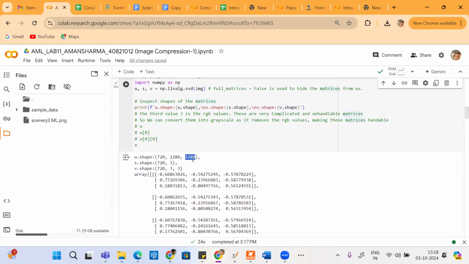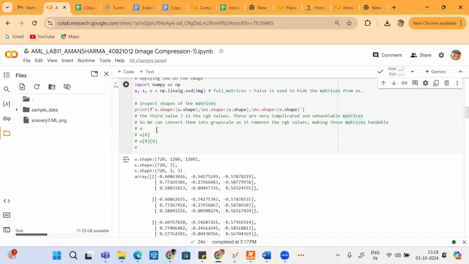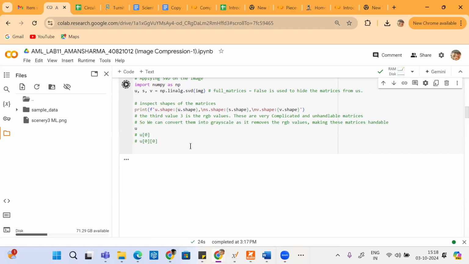Initially the third value is 3, but now it's showing 1280. I don't know why. The first represents the number of rows, the second represents the number of columns, and the third one represents 3, actually the 3 RGB values. We have a range of RGB values. If I show you the U matrix.